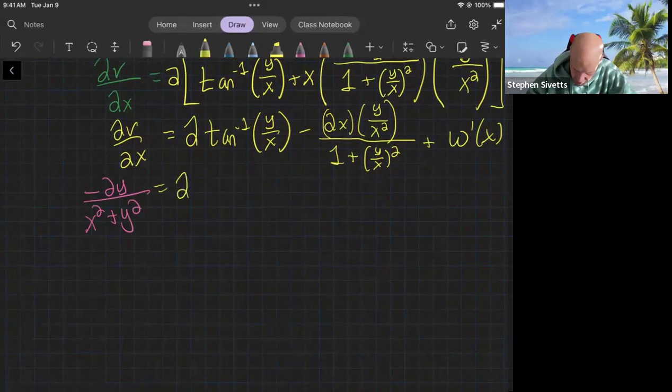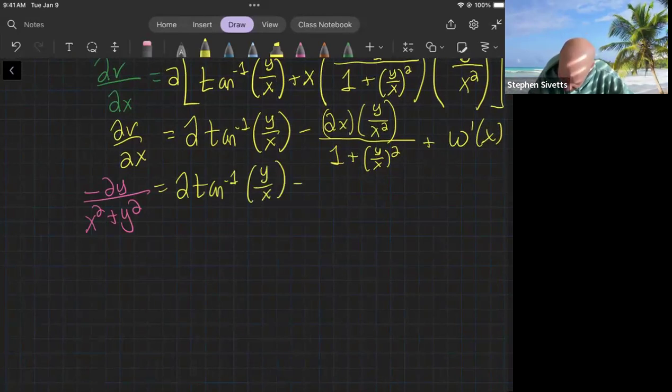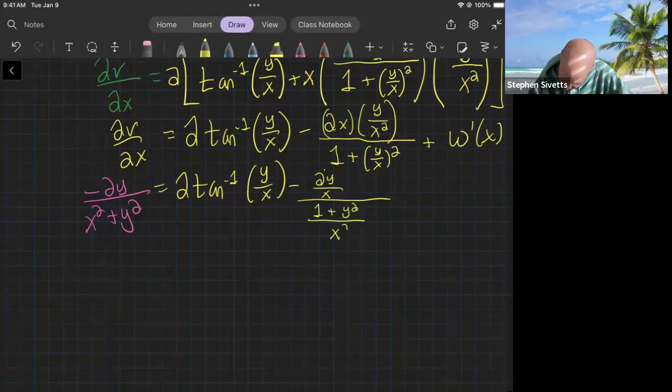So this equals 2 times inverse tangent of y over x minus 2y over x over 1 plus y squared over x squared.